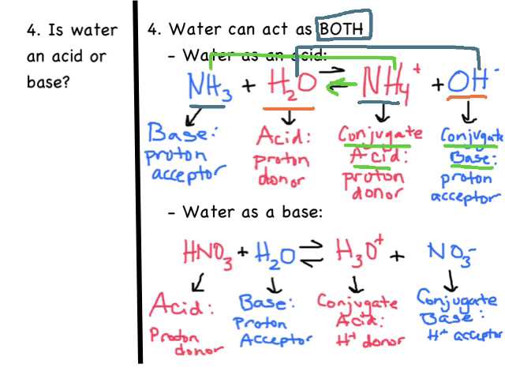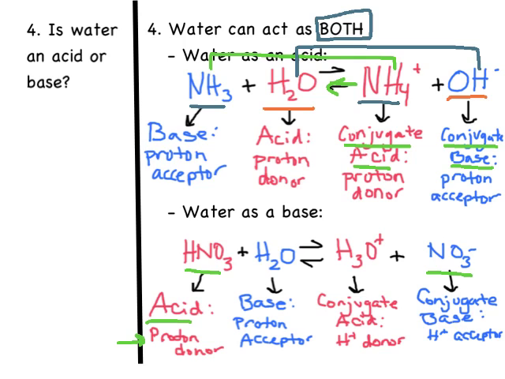In this equation here, again, it's a reversible reaction. We have HNO3 being diluted in water, and so we're going to get some ions as it dissociates. So HNO3, before, is HNO3, and after we have just NO3 minus. So it gave away its H. If it gives away an H, that means it's a proton donor, or what we call an acid.